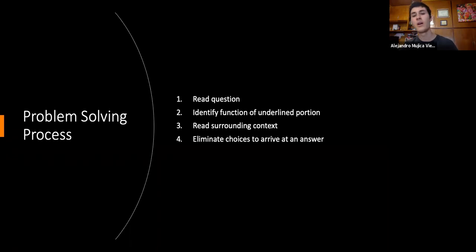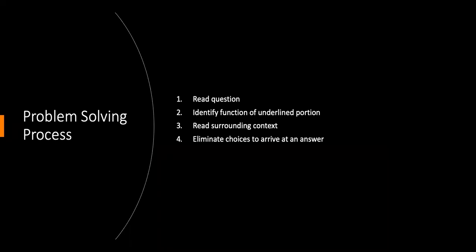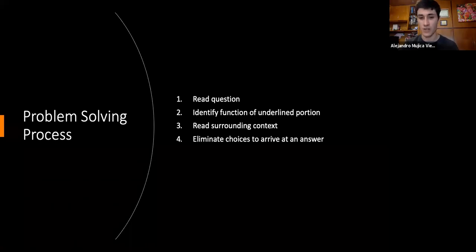Something incredibly important for the reading section is reading the surrounding context. Many of the questions are about a general theme, general topic, or main claim, things that you have to read the whole passage for. So always be reading a lot of the surrounding context.